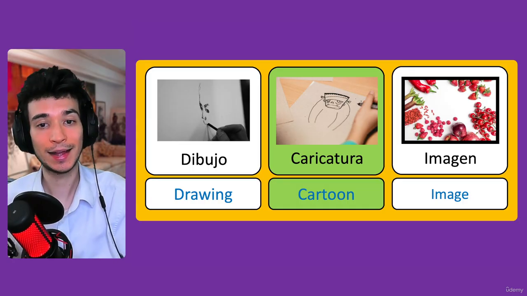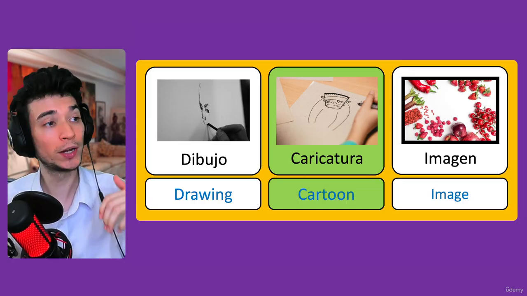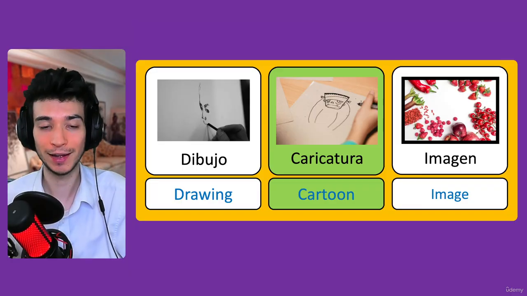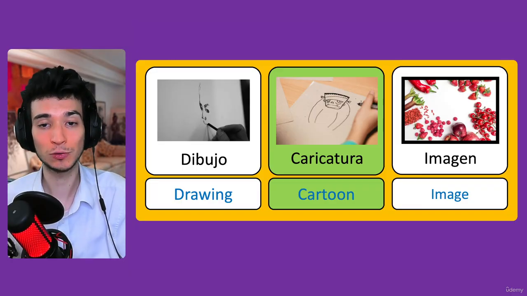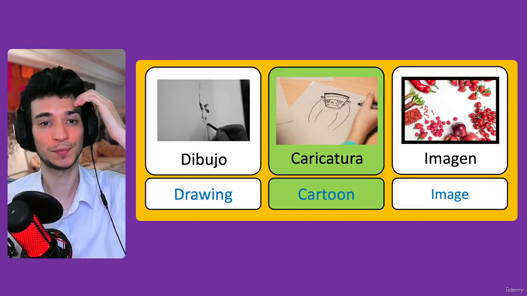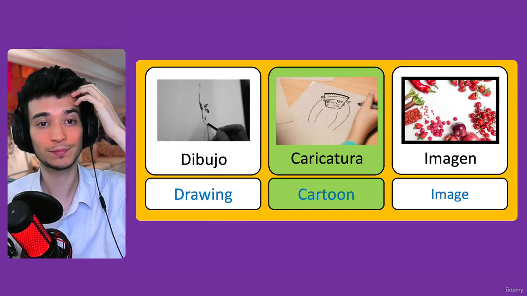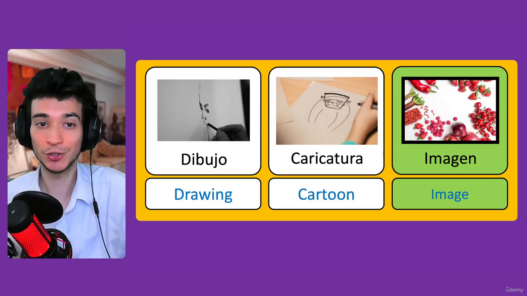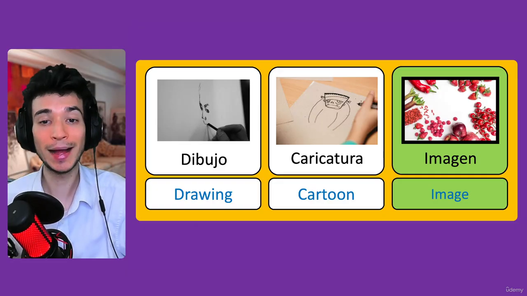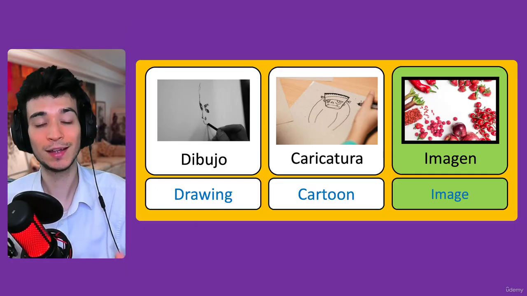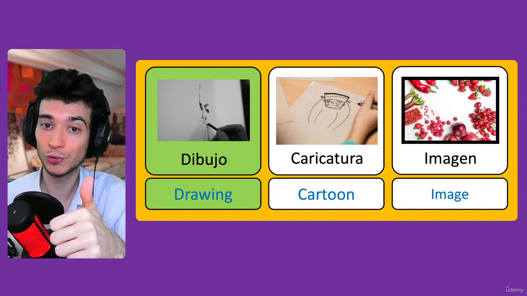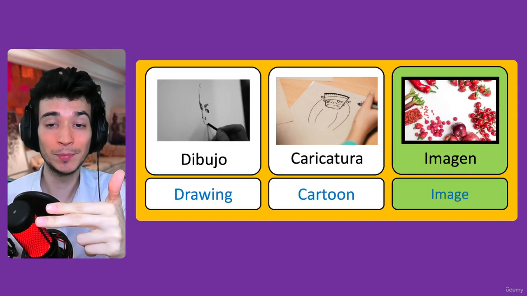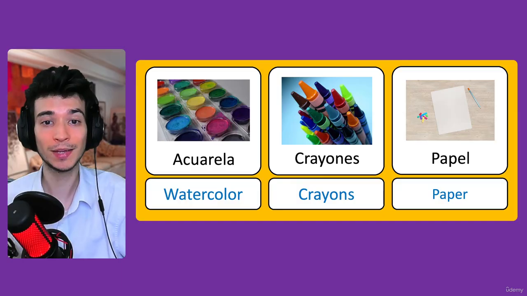So if you're watching cartoons on TV, you would say, estoy viendo caricaturas, I'm watching cartoons. Next one, imagen, image, simple. So dibujo, drawing, caricatura, cartoon, imagen, image.